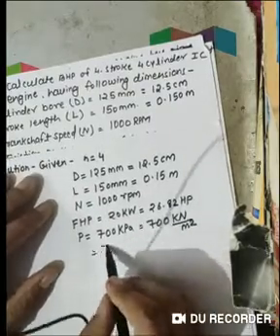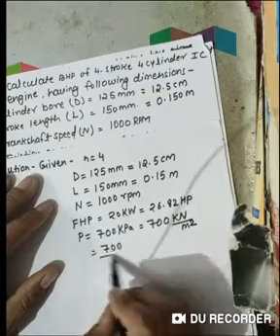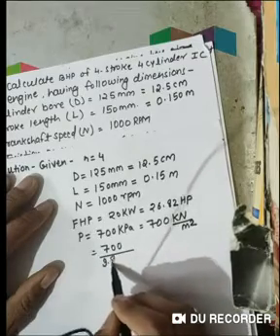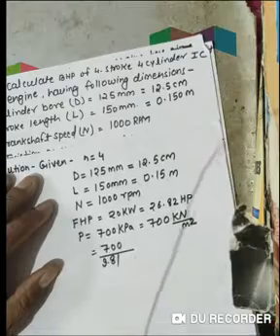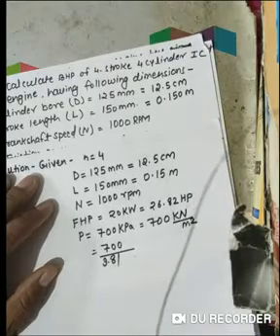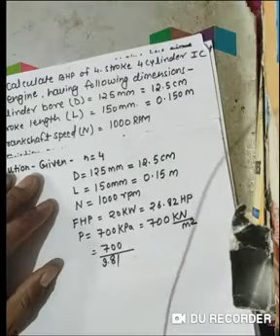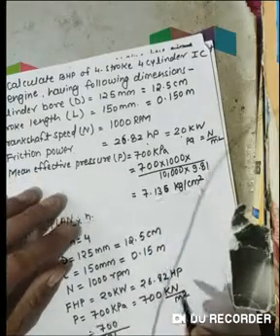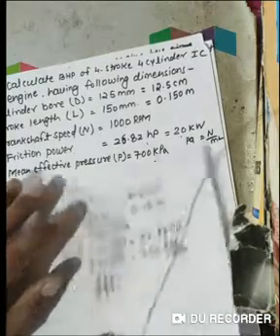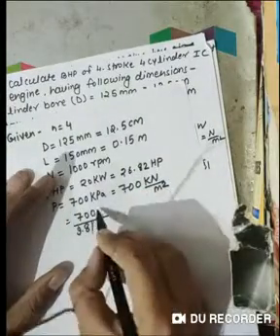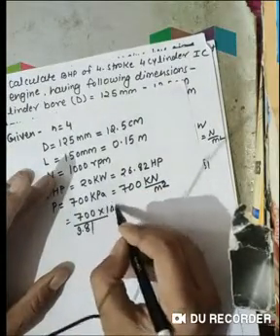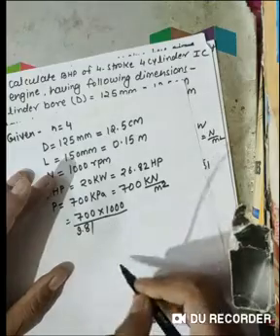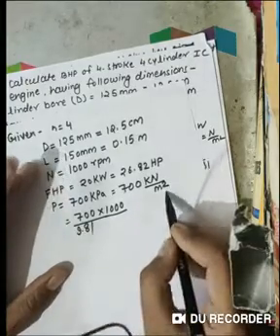So 700 divided by 9.81 to convert this unit into kg. Here this is kilo, so it is multiplied by 1000. Then it is per meter square.